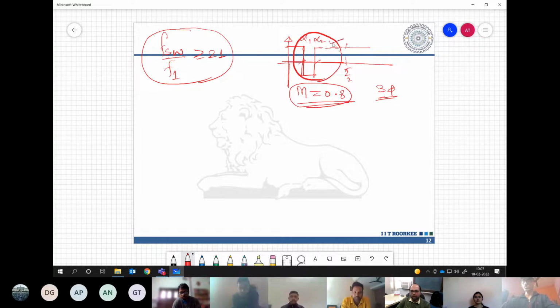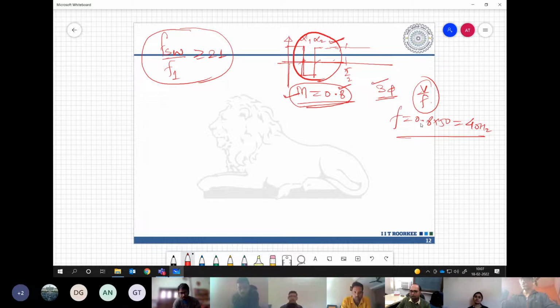So much of information is needed if we are trying to figure out what is the voltage that is going to come out from this inverter at this modulation index 0.8, and I'm assuming that V by F is maintained. So telling modulation index is enough to tell what is the frequency. So frequency could be 0.8 times of 50, that means 40 Hertz. This is for a 50 Hertz cycle I'm talking about.